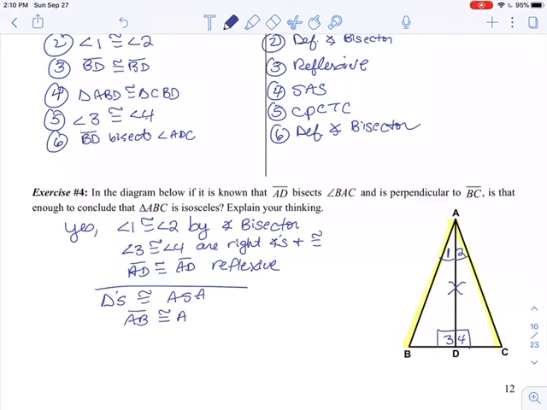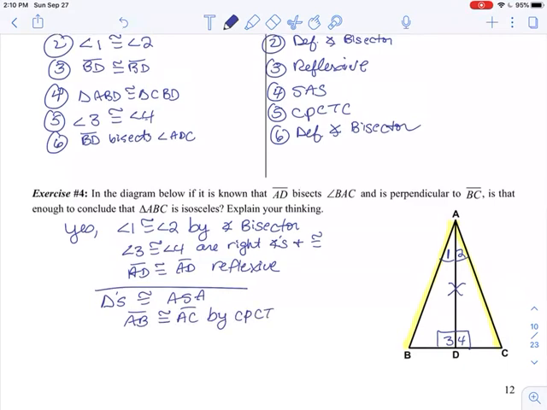And if my triangles are congruent, then AB has to be congruent to AC by CPCTC. And if those two sides are congruent, then it's an isosceles triangle. Since two sides are congruent, then ABC is isosceles. So not a formal proof.